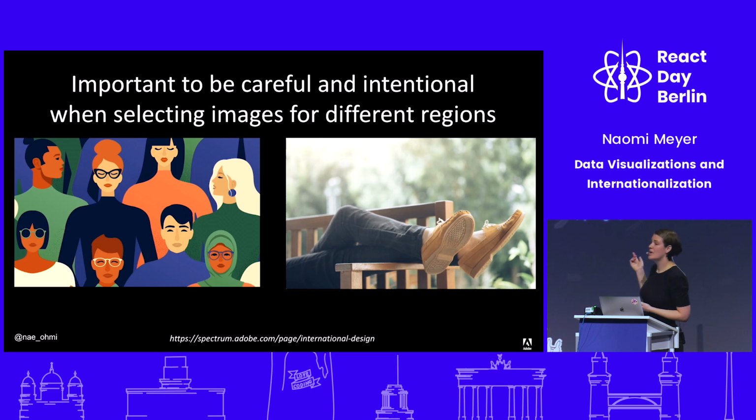And then this image on the right would be commonly used in a Western context of relaxing or kicking back. But in parts of Southeast Asia, and particularly Thailand, displaying the soles of your feet is considered very rude and offensive. So this would not be an appropriate picture to show respect in Thailand.